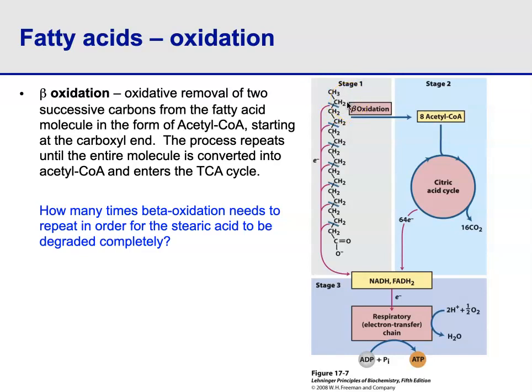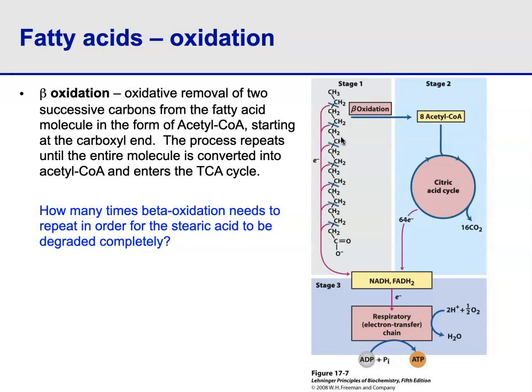So in the last cycle, you actually generate 2 acetyl-CoAs instead of 1, which is the product of every other cycle. So the way to calculate this easily is number of carbons in the fatty acid's chain divided by 2 minus 1. So 18 carbons divided by 2 is 9, minus 1, 8. So that's how many cycles are required to degrade a fatty acid.